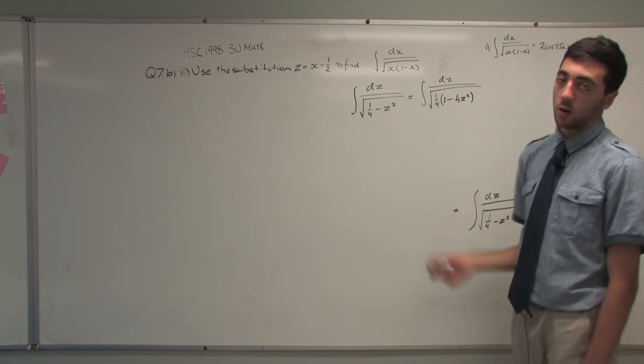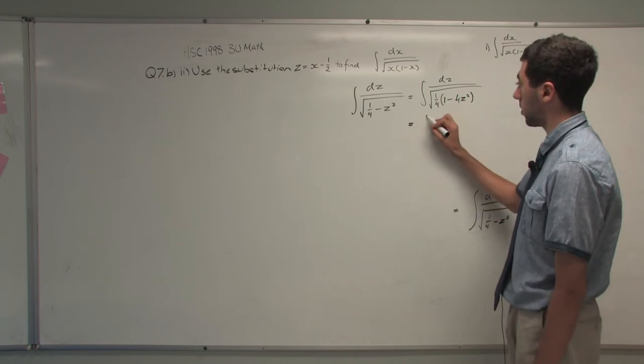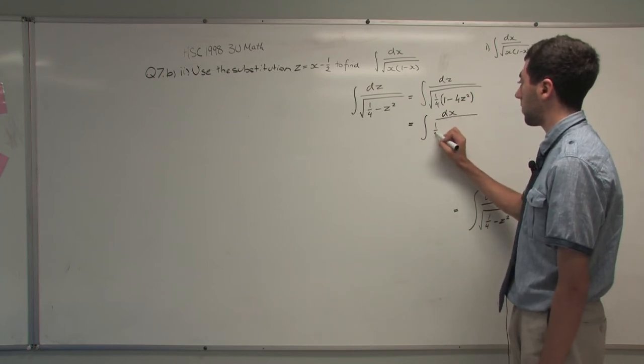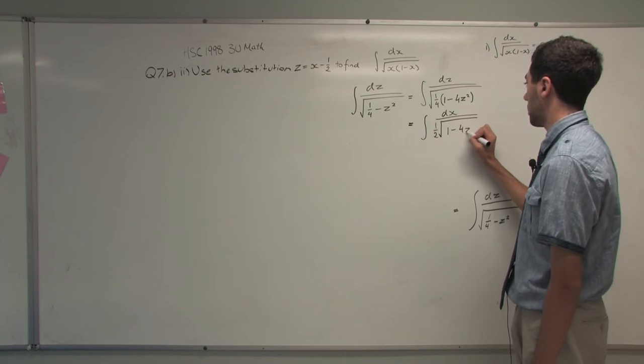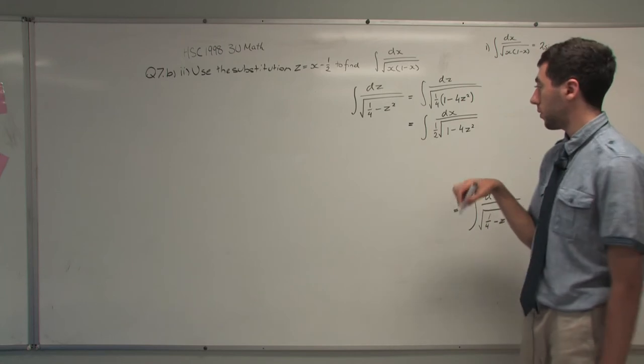So now we know that the square root of 1/4, as we just did, was in fact 1/2. So I'm going to take the 1/4 out of the square root sign, and that changes to 1/2. Now we know that 1 divided by 1/2 is equal to 2.